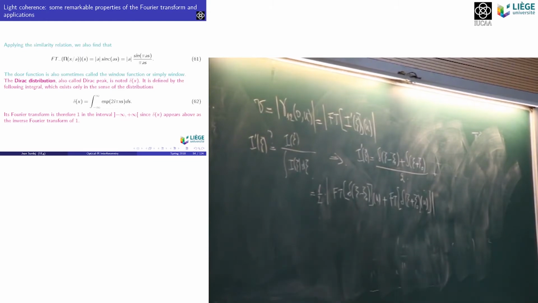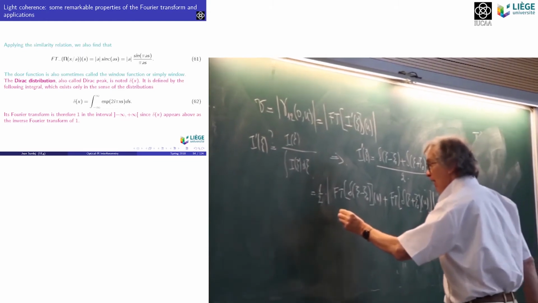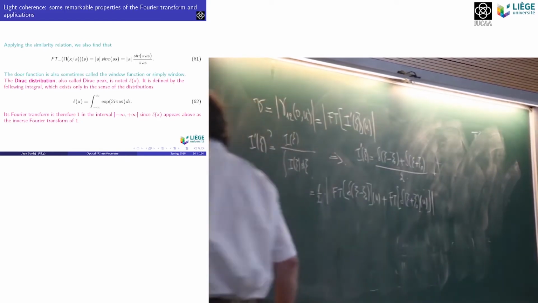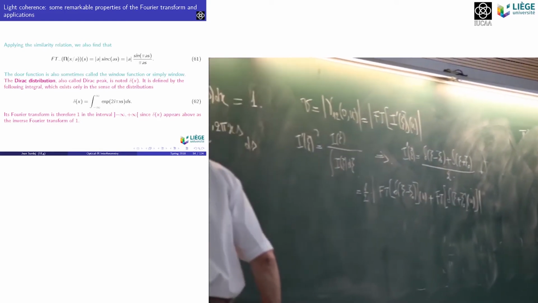Now, here, I could make the full analytical development, but I like the properties. And now I remind you, we established last time the translation property. So the translation property was the following.